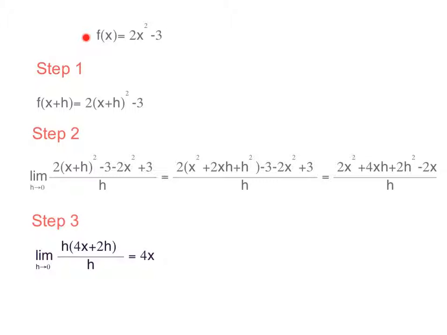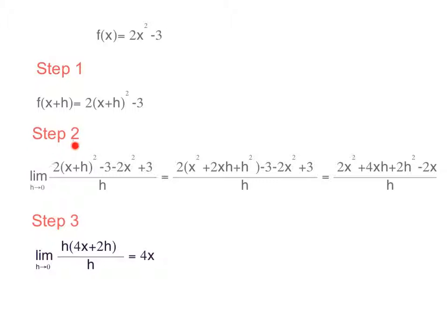The first step is to calculate the function at a bigger value. We don't know the exact number, but we will use some variables. We will use h and x. So we make the same function, but we add the h to the x.